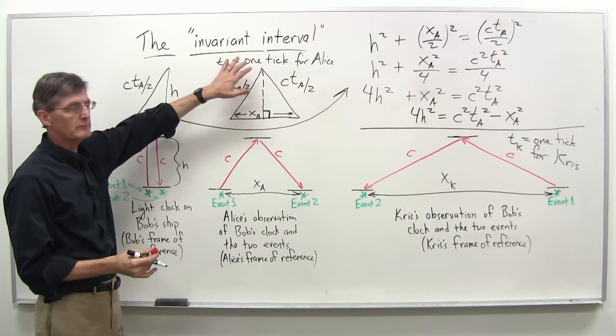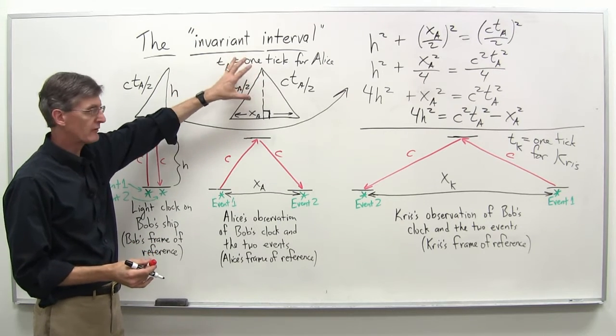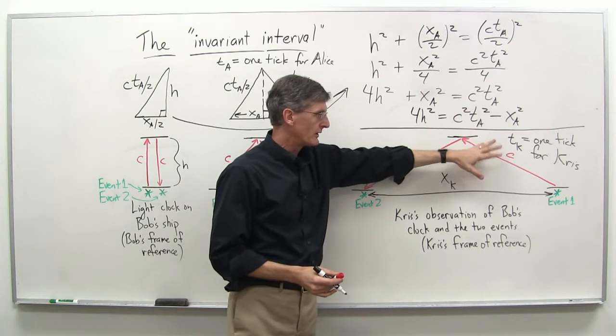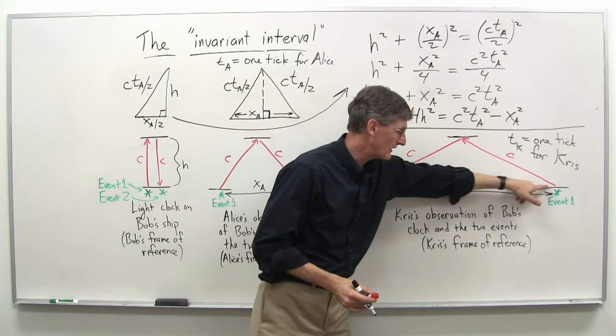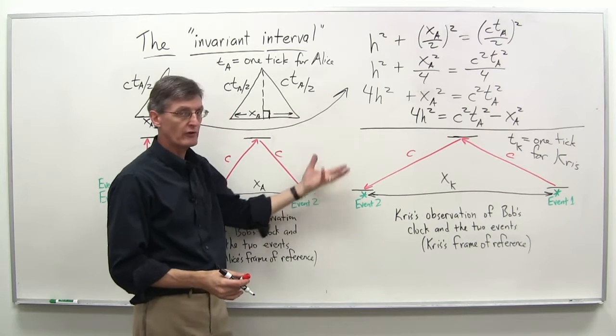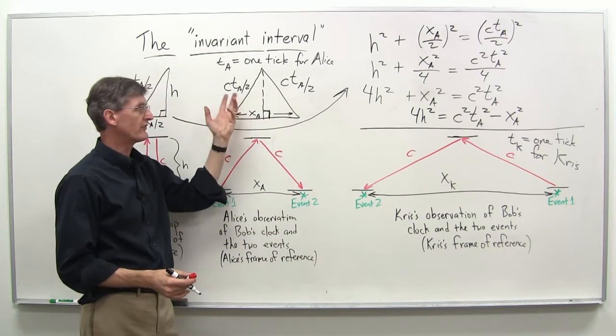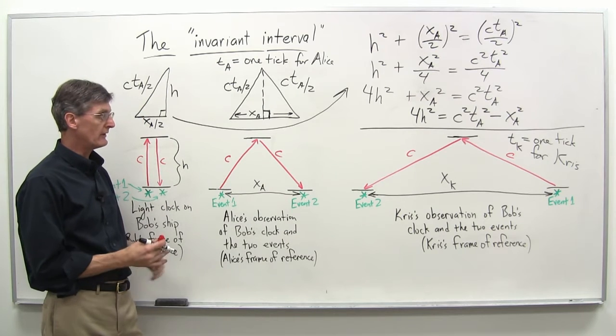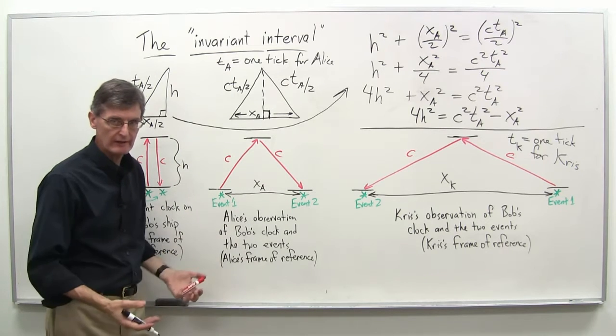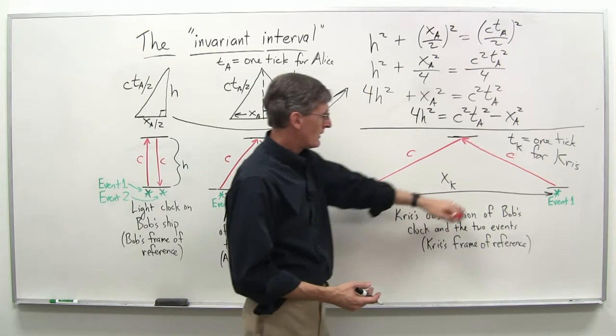So this is 1 tick on Bob's clock from Alice's perspective, her frame of reference. 1 T sub k, 1 tick on Bob's clock from Chris's perspective. Of course, 1 tick, again, is all the way up there, all the way down there. So she will see slower ticks than Alice will, and they both see slower ticks than Bob does, the time dilation effect there.